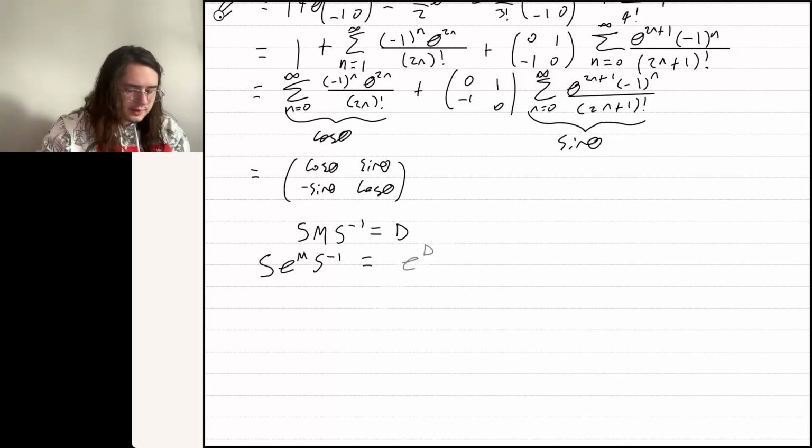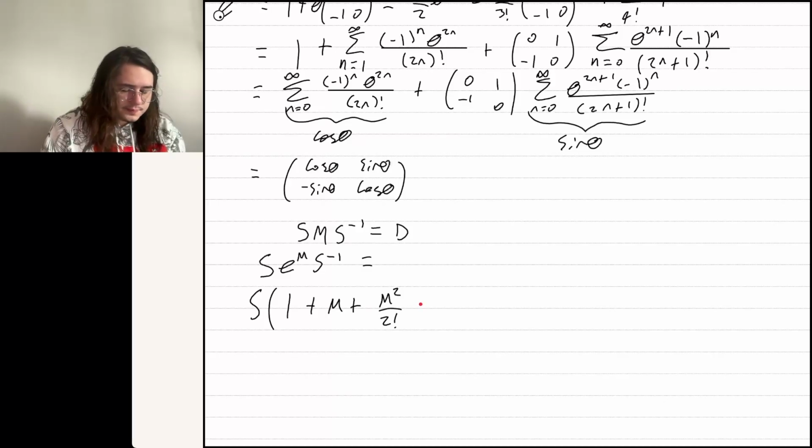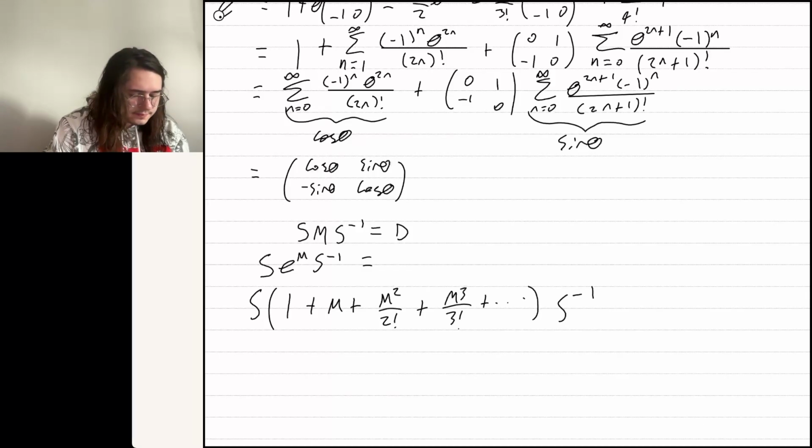But we'll actually evaluate what it looks like, because e to the M, we know, is a Taylor series expansion of M. So it's 1 plus M plus M squared over 2 factorial plus M cubed over 3 factorial, dot dot dot. And that's times S inverse.